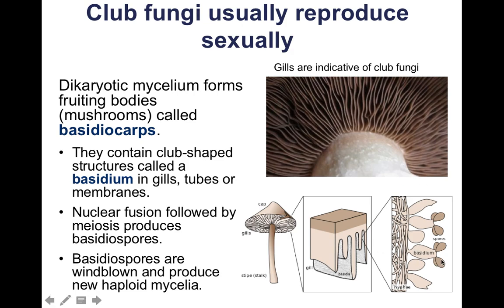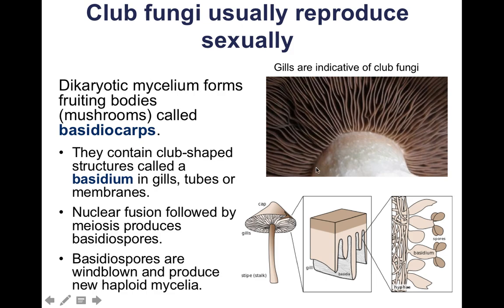So these basidia are going to be club-shaped structures, and this is where the nuclear fusion is going to occur. So you're going to have that dikaryotic hyphae. At some point, we get the fusion of those nuclei to produce the zygote. This is going to happen in the basidium, which will then undergo meiosis to produce spores, which will then get dispersed out through the wind.